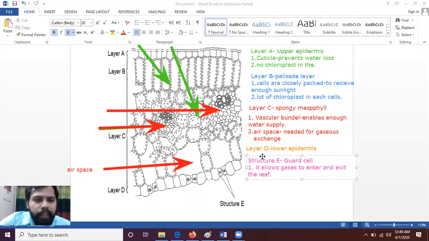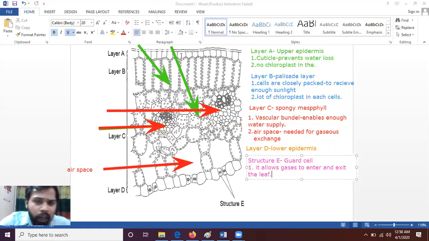Gases enter and exit the leaf only through structure E. In this figure we can see there are 3 structure E's, that means 3 guard cells. So through these structures, anything can enter or exit the leaf. You get my point?